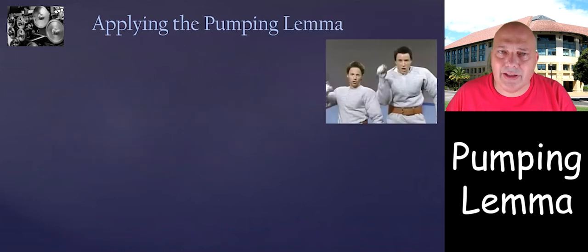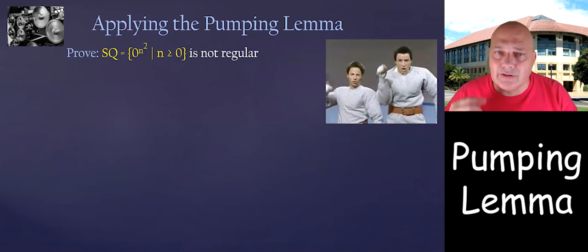So let's apply it again. Let's look at the family SQ, which is actually a unary language. It is only over the alphabet that has a single character, only the zeros.